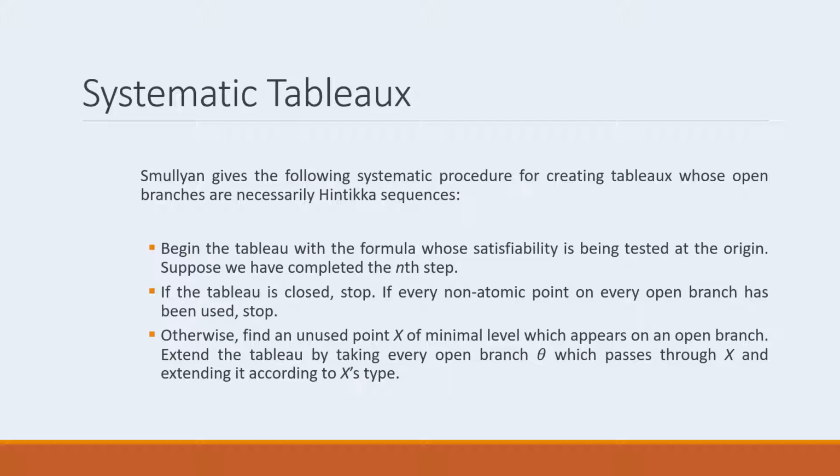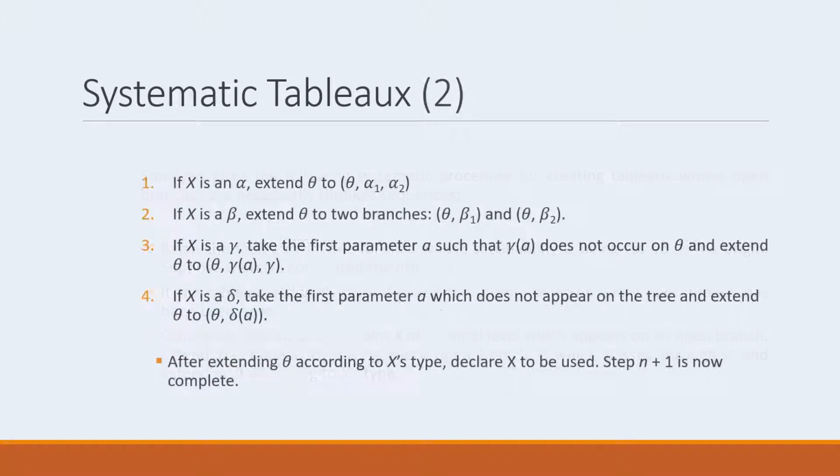We extend the tableau by taking every open branch theta, which passes through x, and extending the branch according to x's type. If x is an alpha, extend theta to theta alpha 1 alpha 2. If x is a beta, extend theta to 2 branches simultaneously, theta beta 1 on the left and theta beta 2 on the right.